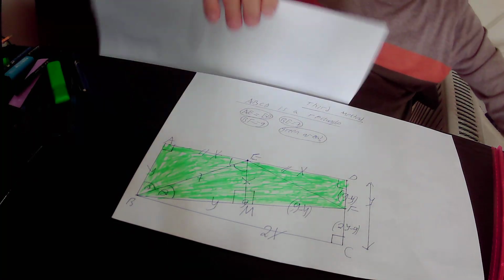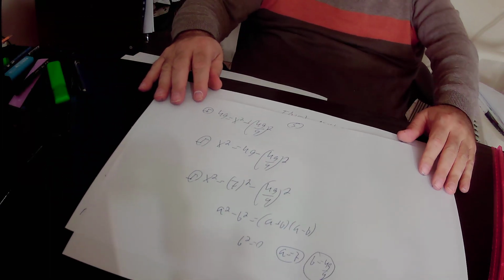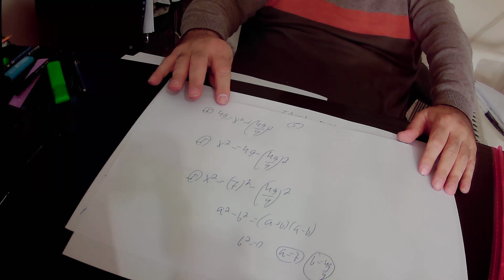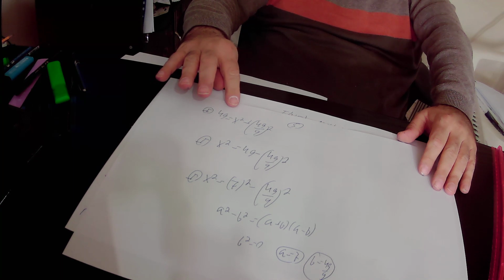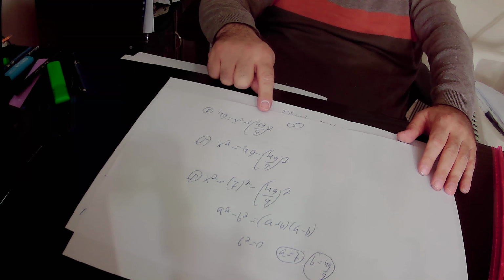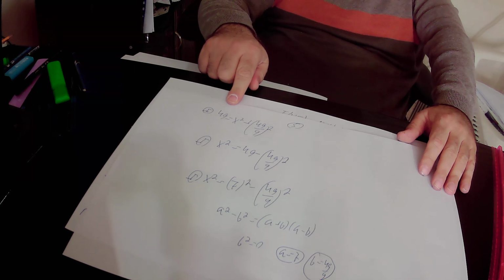Okay? And then we put the value of y in equation number 1, that x squared plus y squared equals 49. So x squared plus (49 over 9) squared equals 49.